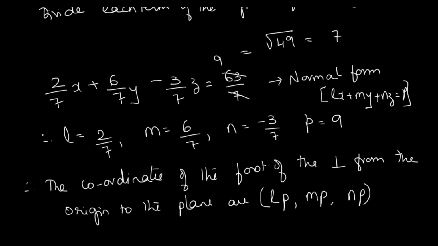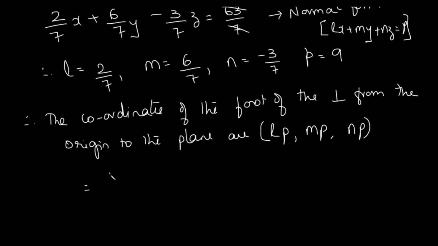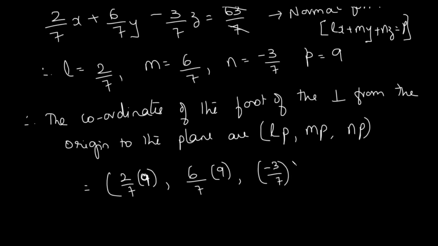So substituting the values of l, m, n and p, we get lp as 2 upon 7 into 9, then mp as 6 upon 7 into 9, and np as minus 3 upon 7 into 9.